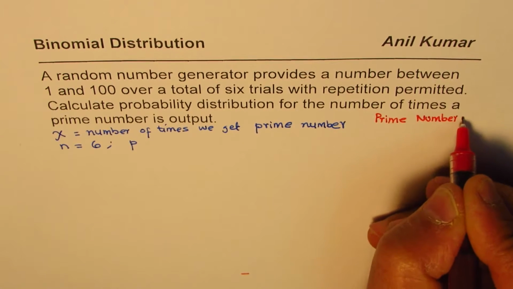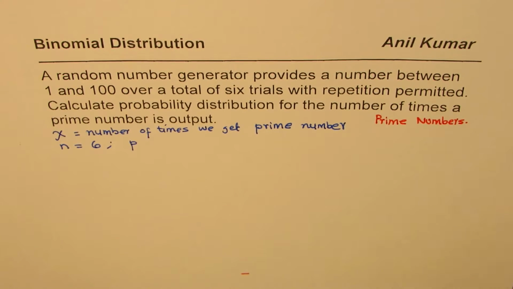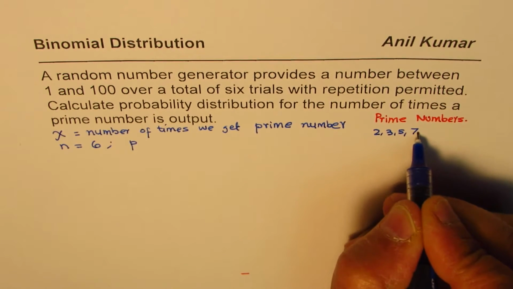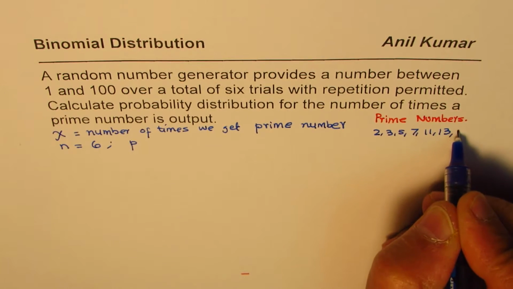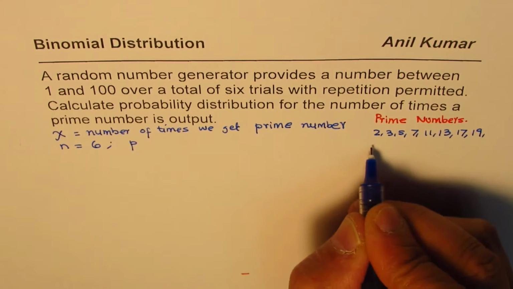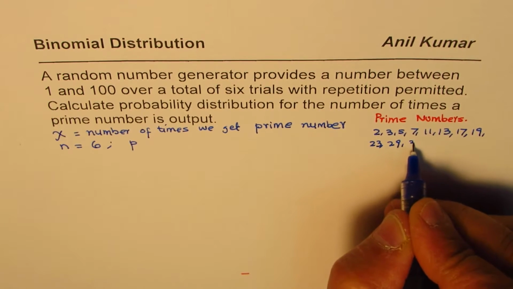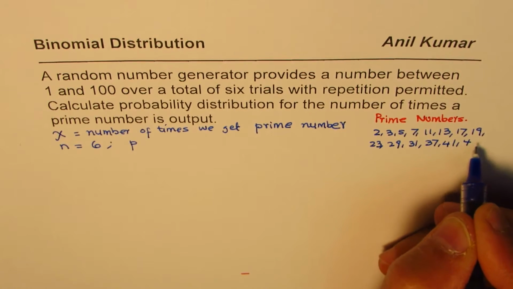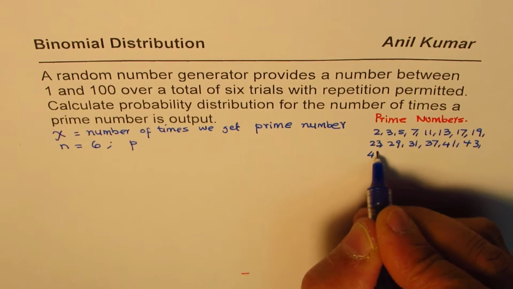These numbers begin with 2, so it is 2, 3, 5, 7, 11, 13, then we have 17, 19, 23, 29, 31, 37, 41, 43, and in the 40s we have 47 also.